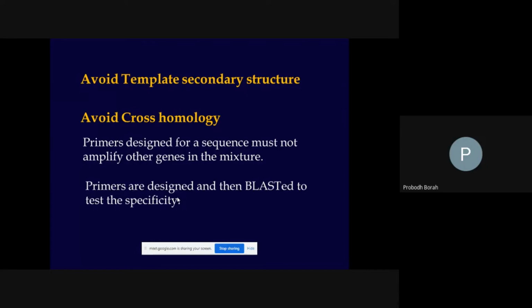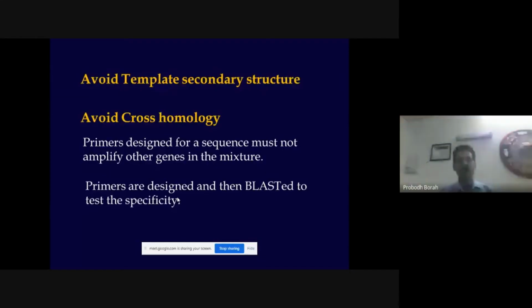You will fail to get amplification. So we should identify the consensus sequence within the gene sequence, and target designing the primer by taking the consensus part of the sequence as the template. That means it should be able to amplify the gene in all the strains of the organism.